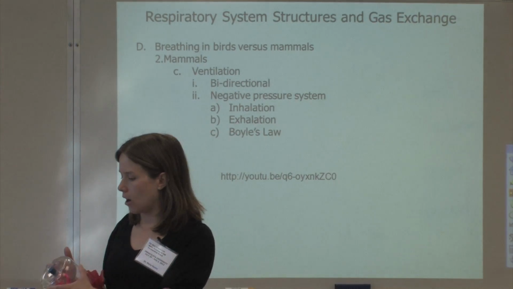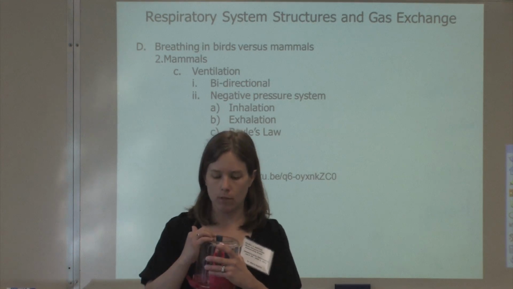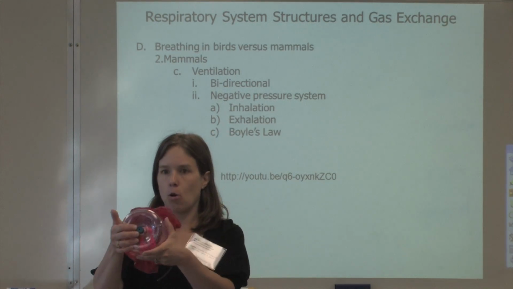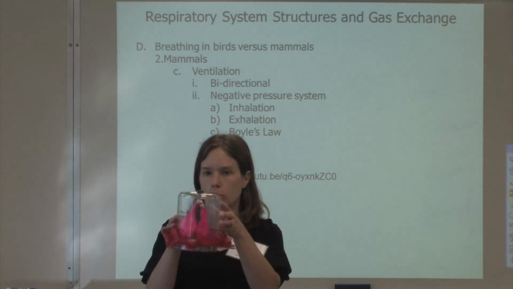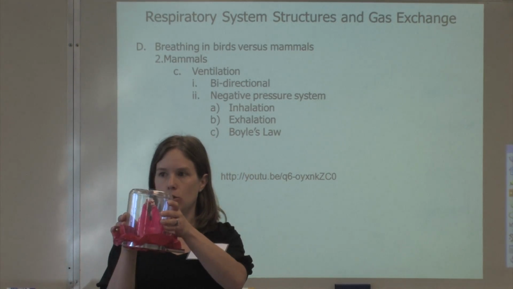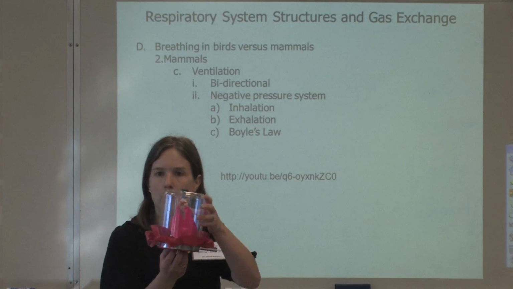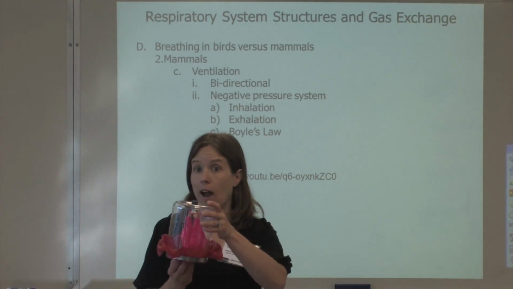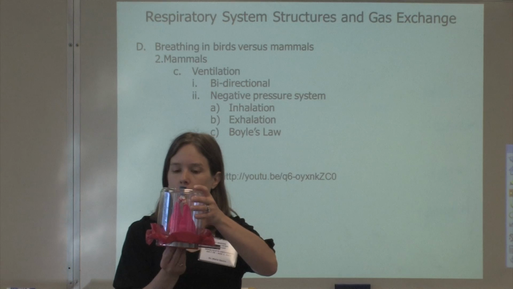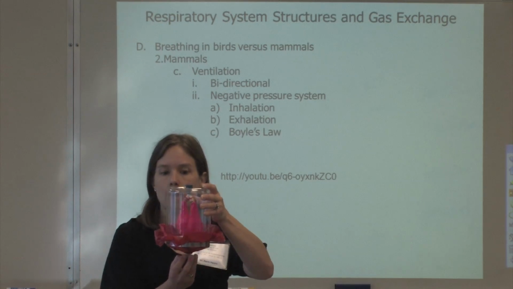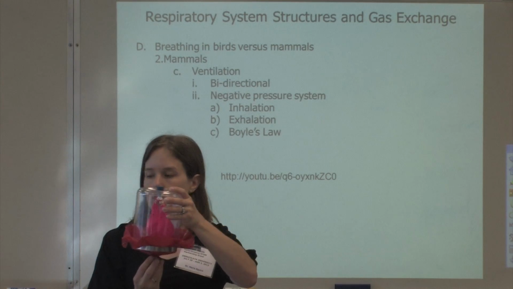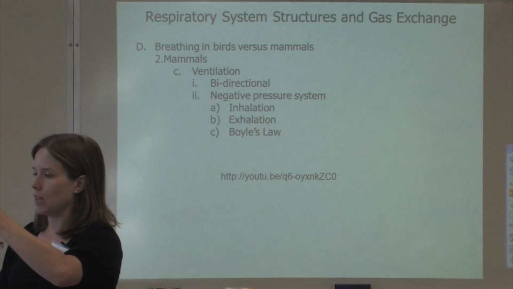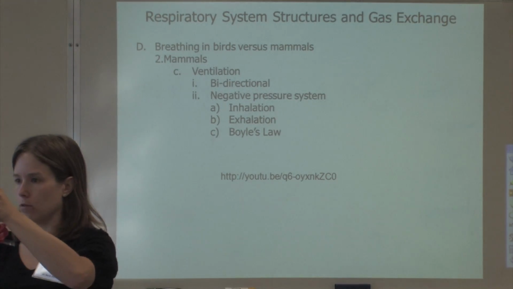This is a little jar. It has a stopper in the top that has a hole bored through it, so this is the way that the air is going to get in. The two balloons are representing the two lungs, and this membrane on the bottom is representing the diaphragm. If I contract the diaphragm, I increase the volume inside, and you can see subtly what's happening to the balloons.